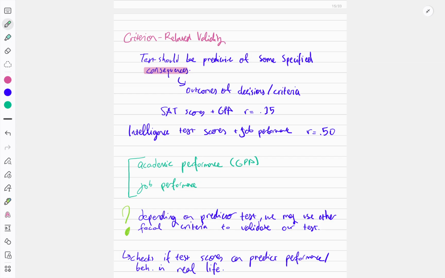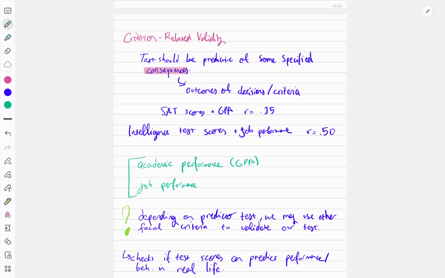For example, we are doing a study where we predict that SAT scores predict GPA, how well a person does in the SATs predicts their GPA. With intelligence test scores and job performance, we predict that if they have a high IQ, they will do well in their jobs.